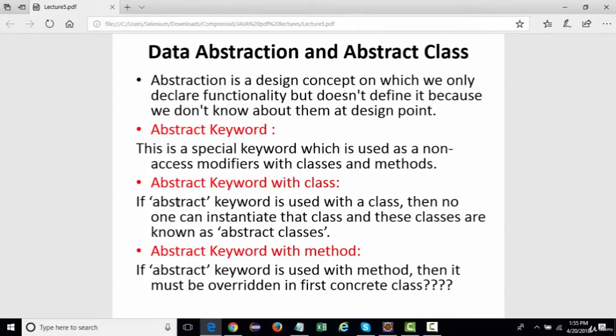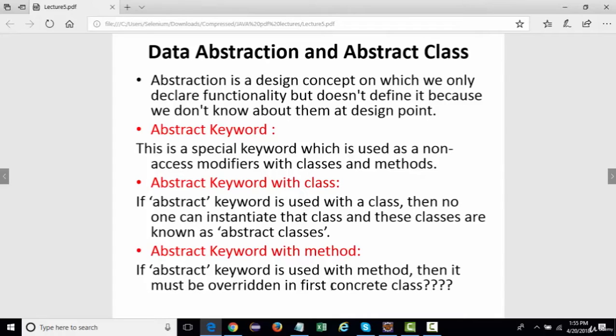Means no one can create an object of that class. These classes are called abstract classes. Similarly, if we talk about the abstract keyword with a method, a function, if the abstract keyword is used with the method, then it must be overridden in the first concrete class.